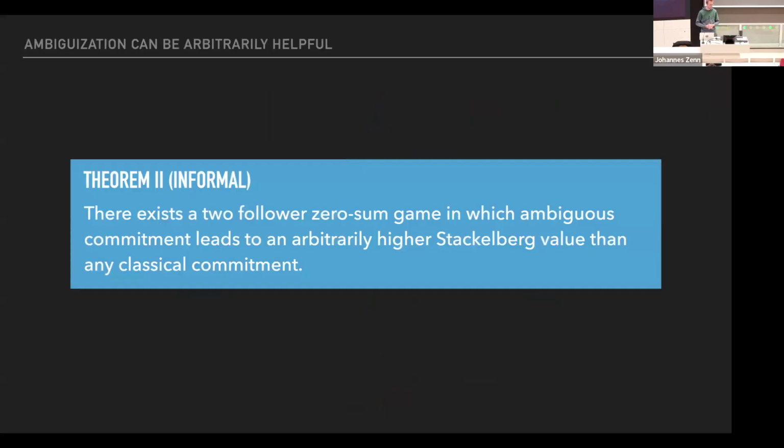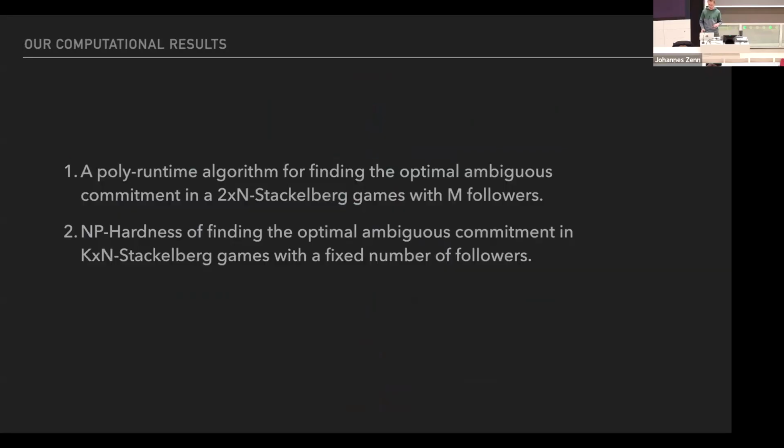We can make this formal and give a theorem which says that there's more than the simple game, that there's a set of such games where this ambiguous commitment helps a lot. And at that point, I'm already going to conclude, even though there are some even nicer results afterwards, which take a bit more time to explain.